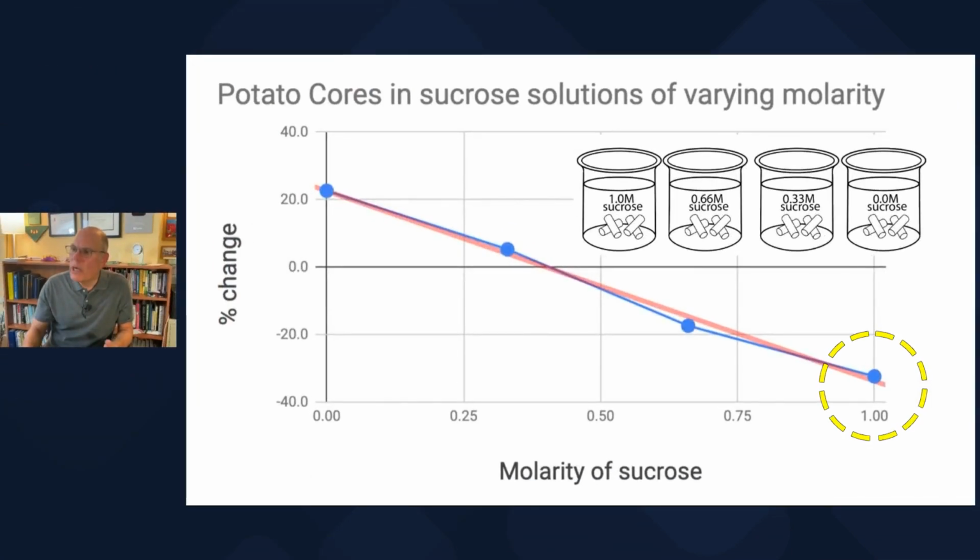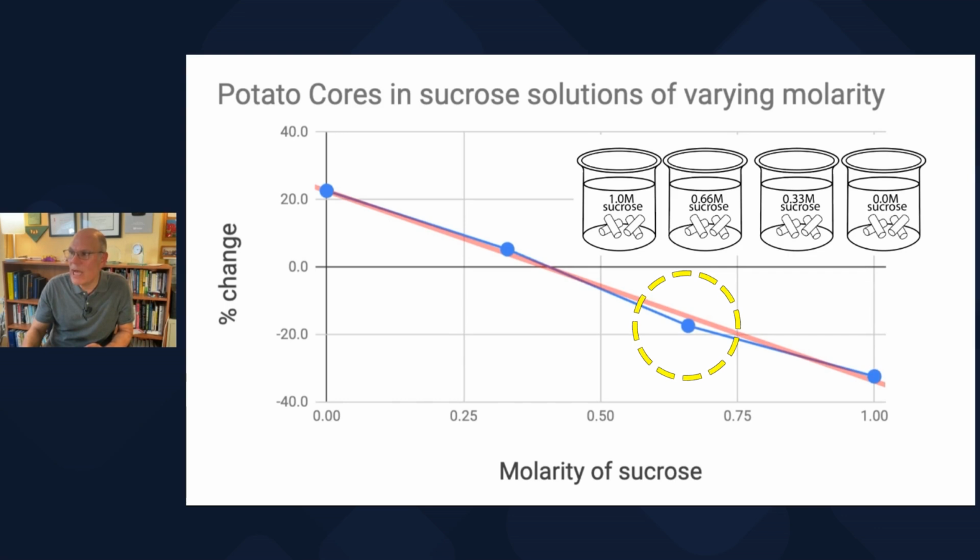At 1 molar sucrose, the potato tissue is hypotonic to that 1.0 molar solution. So water will flow from the potato tissue into the solution in the beaker, and as it does, those potato cores will lose mass. The 0.66 molar solution looks like that one is also hypotonic.